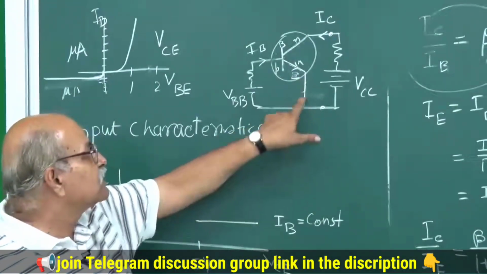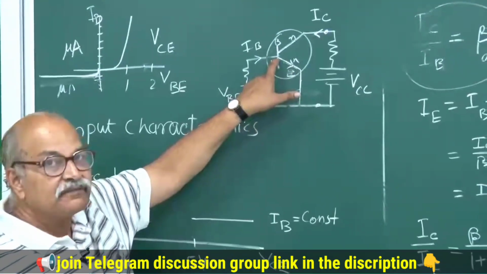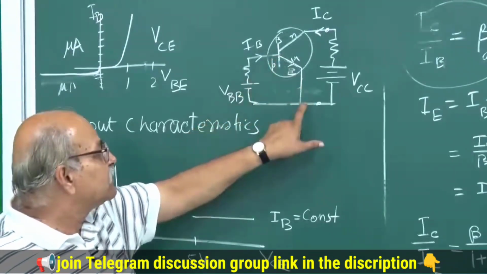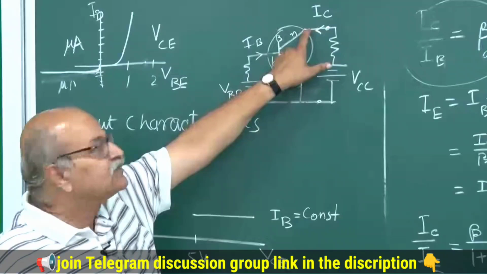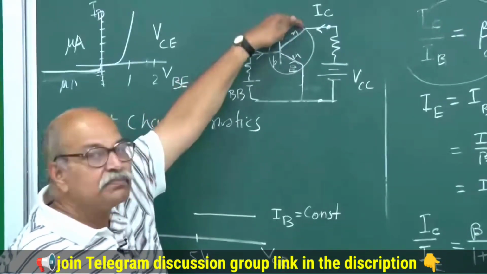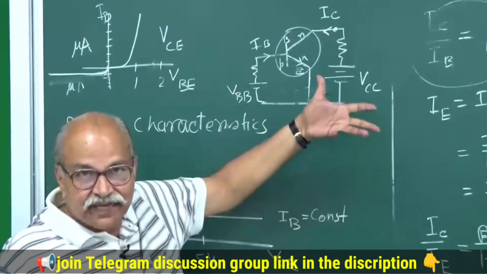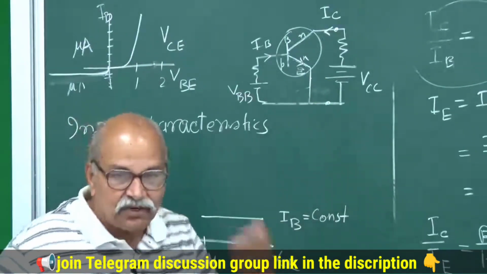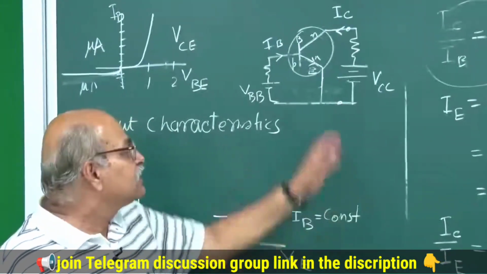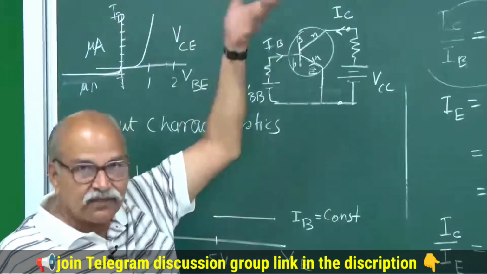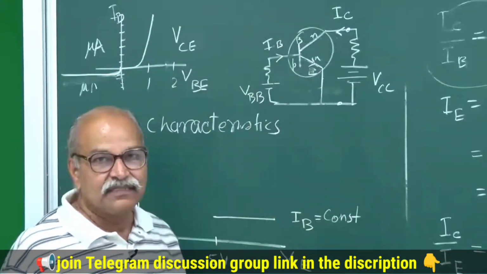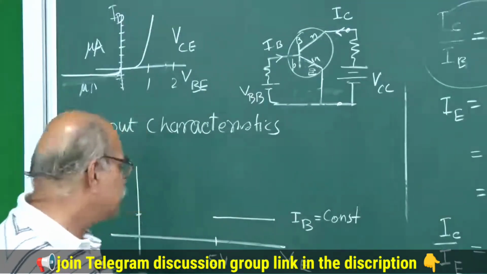So with respect to the base, the collector is also at a positive voltage. And so you don't have reverse bias, you have in fact forward bias, and it will not draw electrons from there, and these are lightly doped, they themselves are not going to give significant current. So this will be almost 0 here.